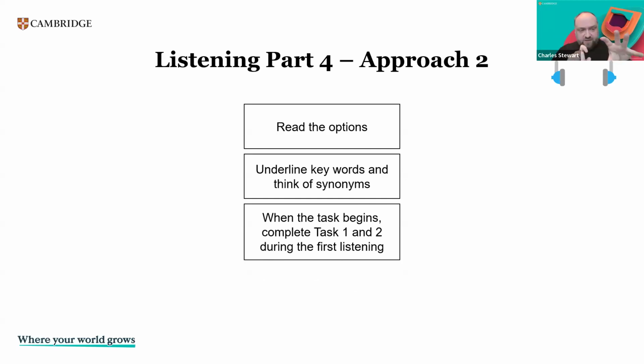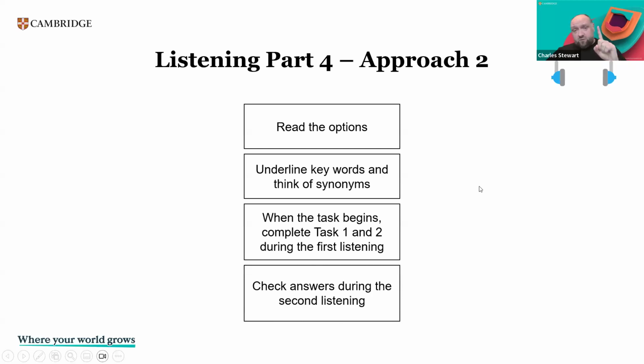So you try to find the answer for task one and task two during the first recording that you hear. That way, when you hear the recording again a second time, you're able to listen and check the answers.